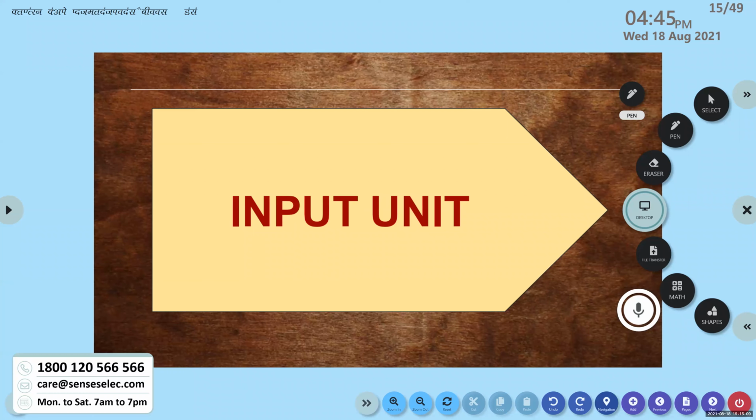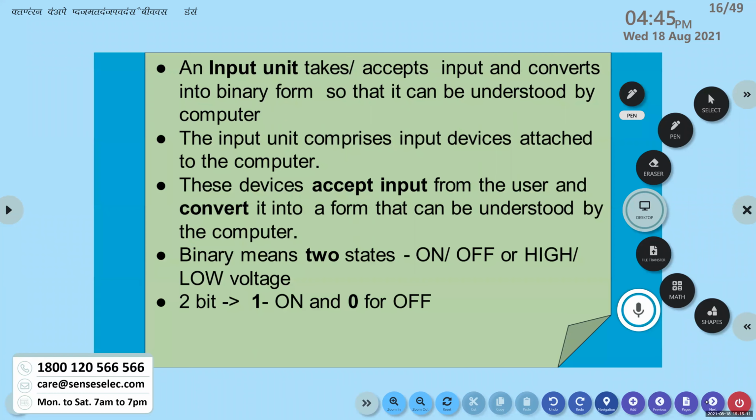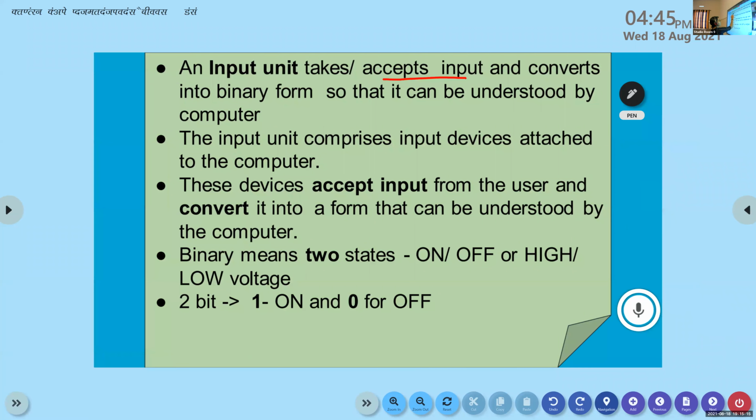So in this session we are going to cover the input unit. It accepts input from the user and converts that input into binary form, which is understood by the computer.